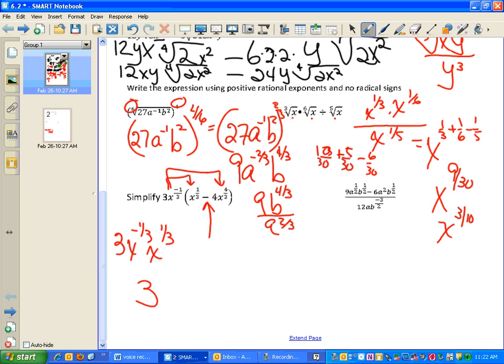It's 1. And then minus, what is a 3x to the negative 1/3 with a 4x to the 4/3? What's my coefficient going to be? 12 x to the negative 1/3 x to the 4/3, which is 12 x to the 3/3, which is 1.